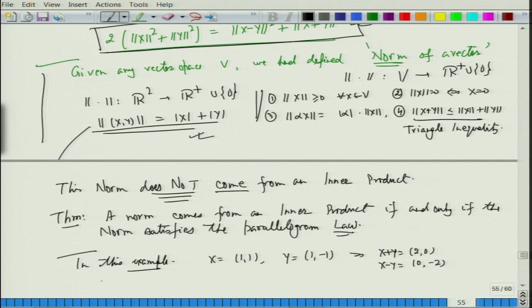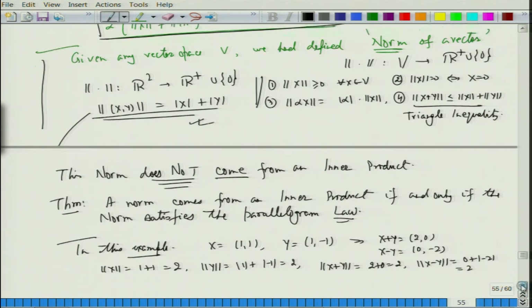So what is the norm of x? The norm of x is 1 plus 1, which is 2. Norm of y is again 1 plus absolute value of minus 1, which is 2. Norm of x plus y is 2 plus 0, which is 2. Norm of x minus y is 0 plus absolute value of minus 2, which is 2.